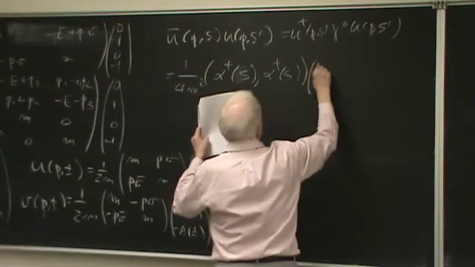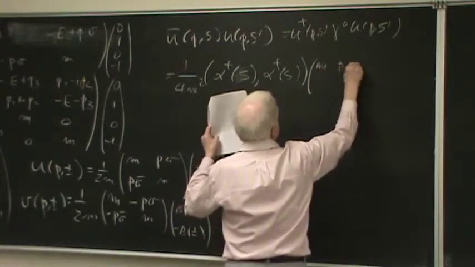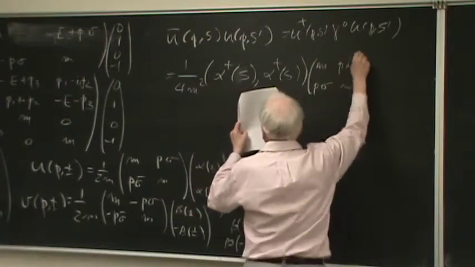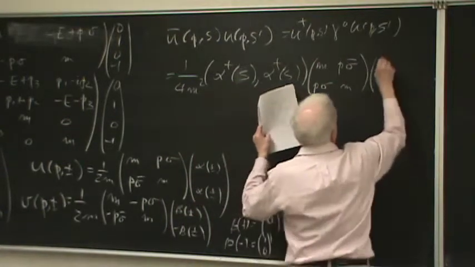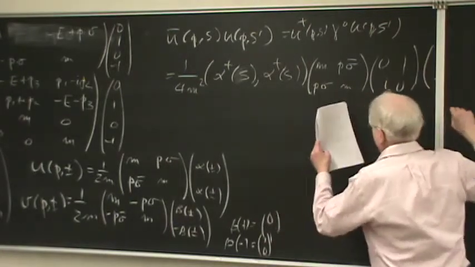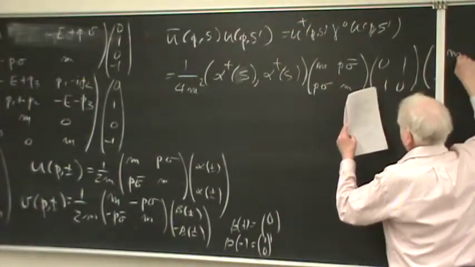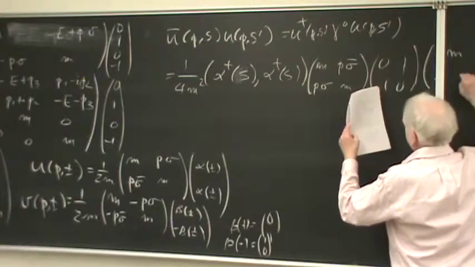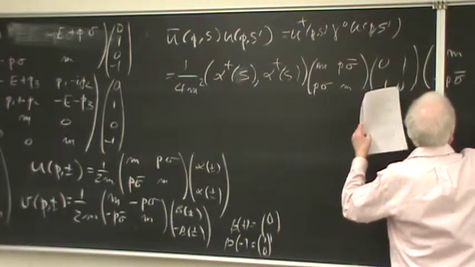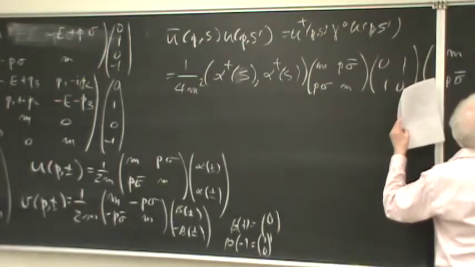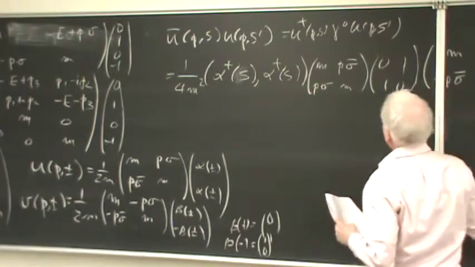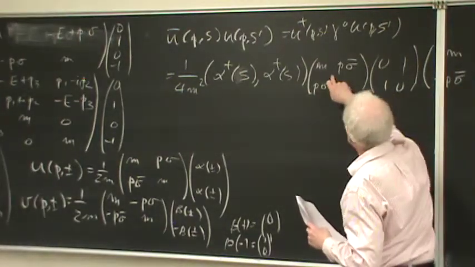And then this is m, p sigma bar, p sigma, m, 0, 1, 1, 0, that's gamma 0. And then m, p sigma bar, m, and then alpha of s prime. All right, now, what happened here?